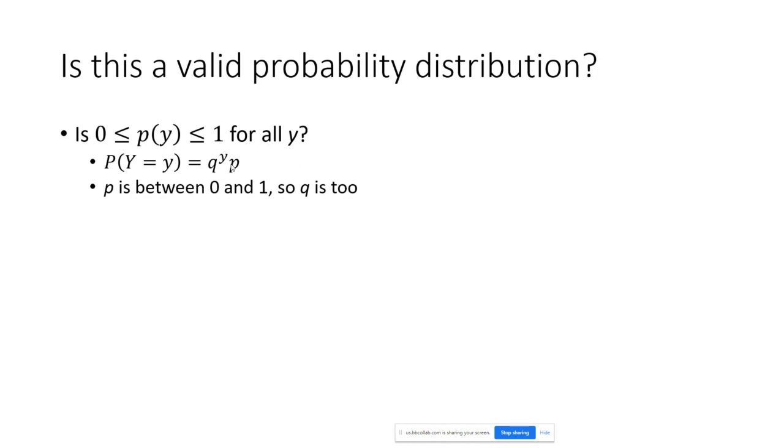So if p is between 0 and 1, then q is also between 0 and 1. When we multiply a bunch of copies of things together, and all of the things that we're multiplying are between 0 and 1, their product is going to be between 0 and 1 as well. So that part checks out.